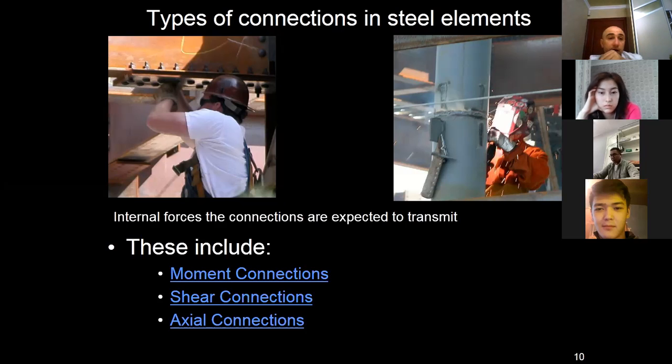So static loads, dynamic loads, and so on. So right understanding of the applied loads can classify the connections like axial connection, shear connection, semi-rigid. So shear means a semi-rigid connection, and moment connection.